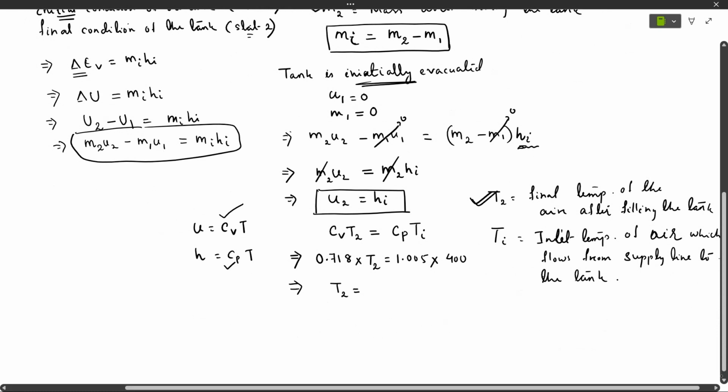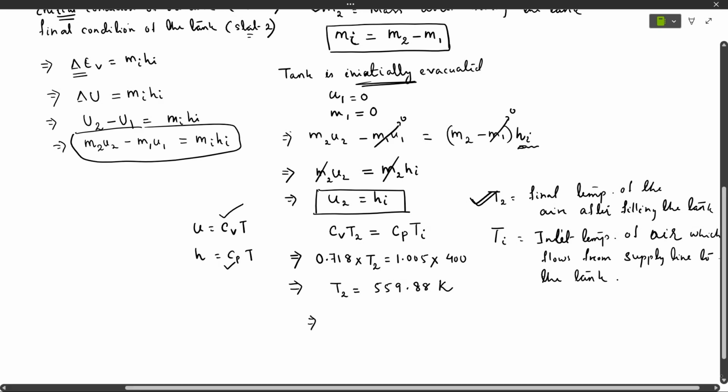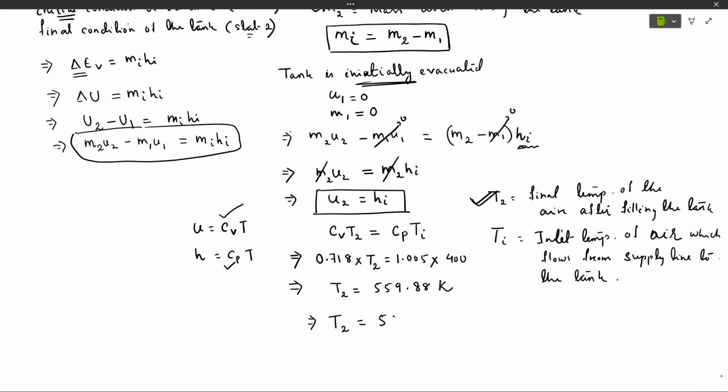But in the question it is mentioned to round off the calculated value of the final temperature to 1 decimal. So after rounding off to 1 decimal, the final temperature of air within the tank is equal to 559.9 Kelvin. So this is the final answer.